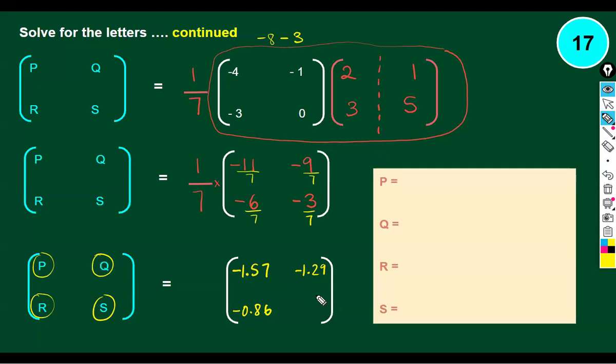That's the one. -0.43. Those are my 4 answers. So this here is the answer for P. This one is Q, this is R, and this is S.